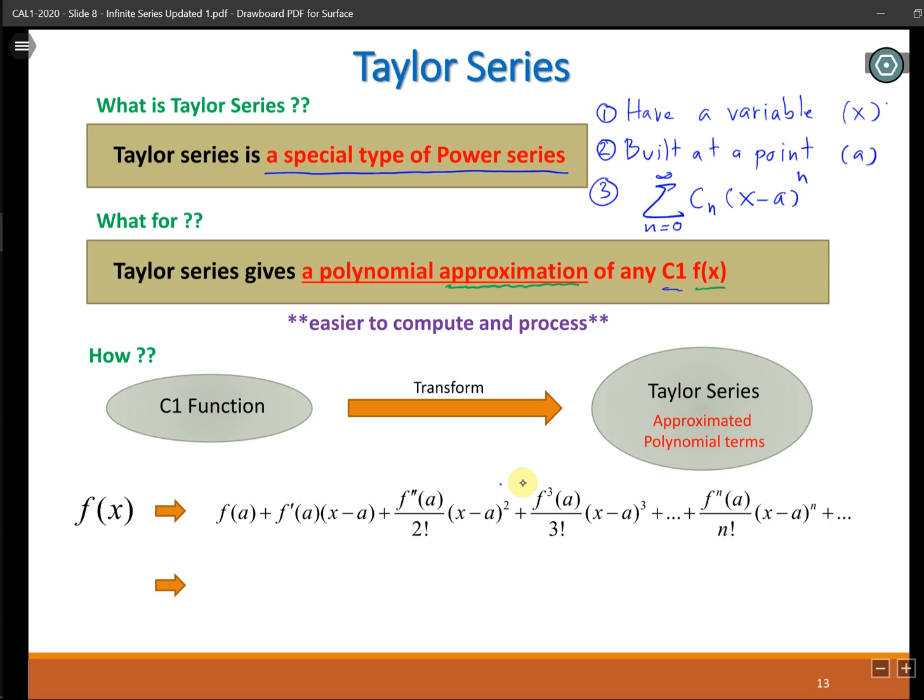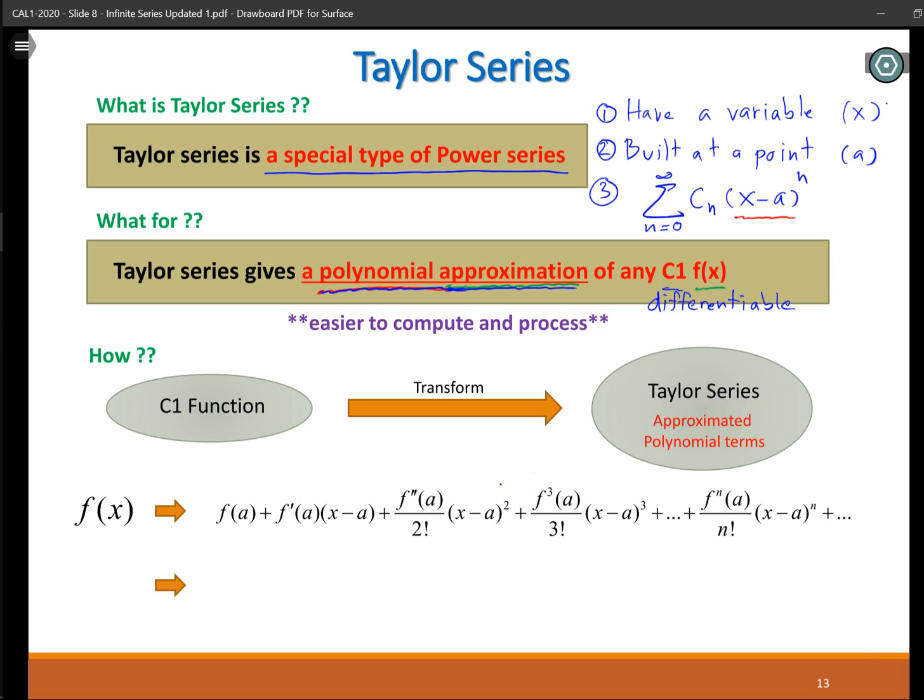C1 here means differentiable. And C0 means continuous. Approximation is the main usage for the Taylor series. And due to the form of this series, which has the polynomial term x minus a, we usually call this polynomial approximation of a function.